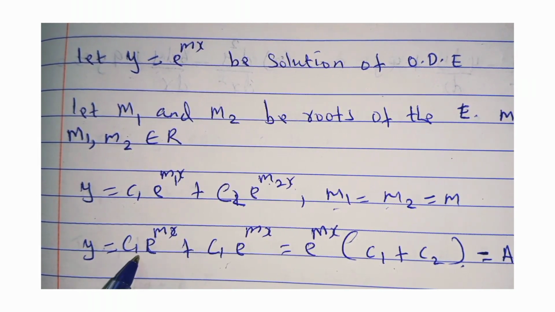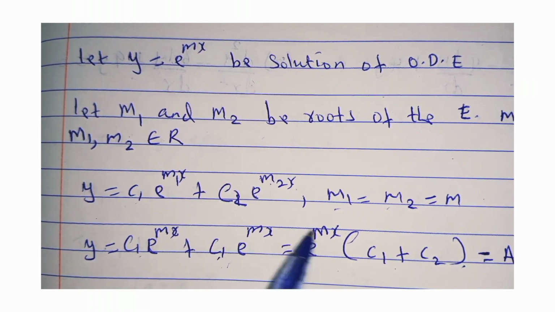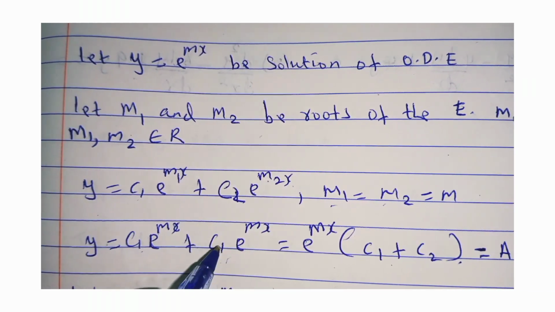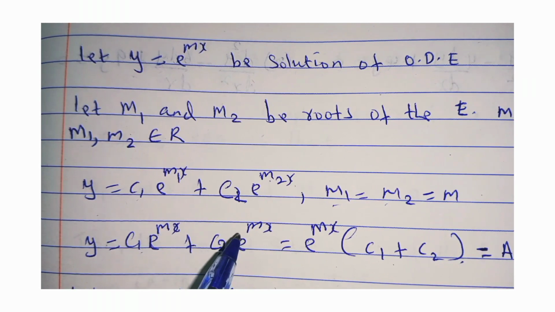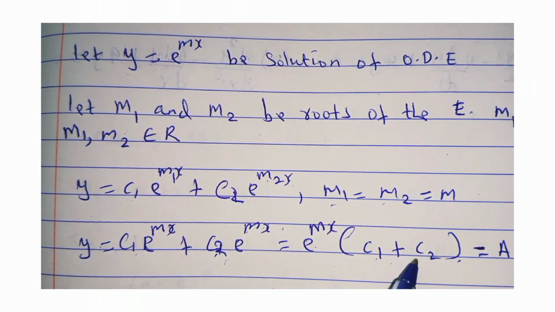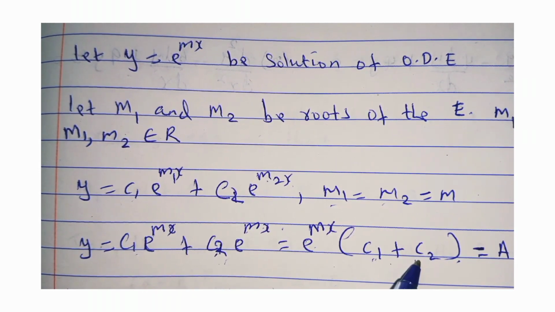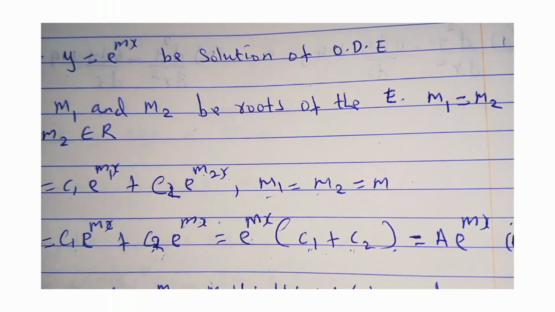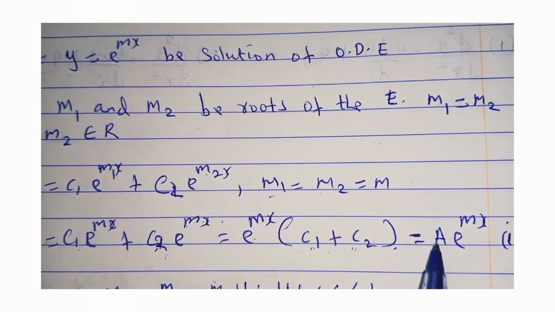So, because now you have c1, c2, we can factor out exponential mx to be left with c1, c2. Now, a constant plus a constant is equal to a constant. So, we can substitute c1 plus c2 with a.